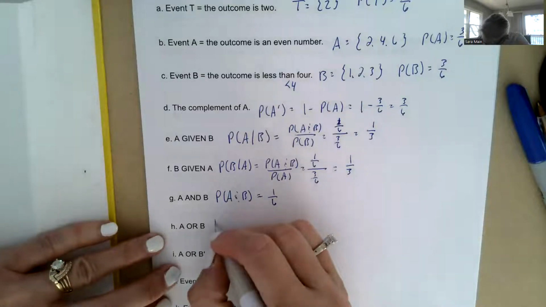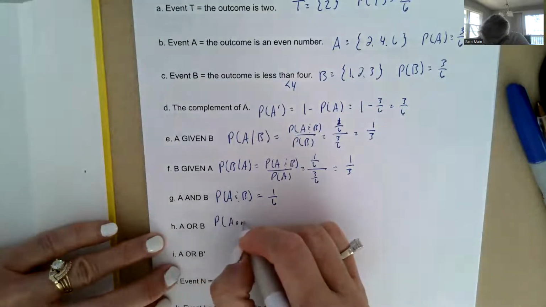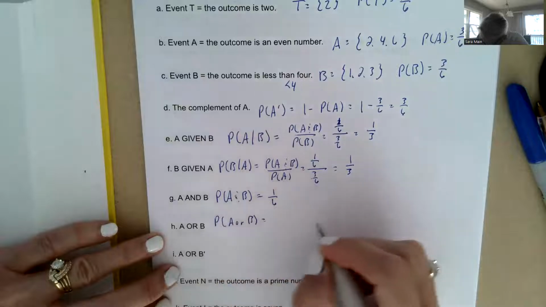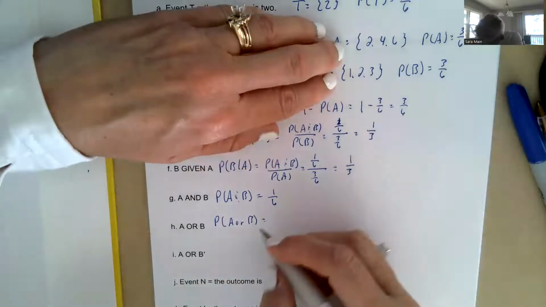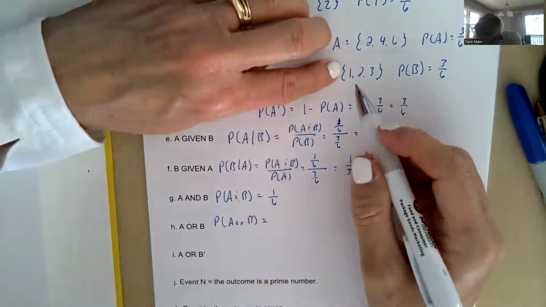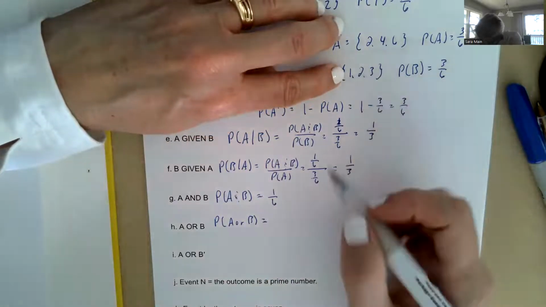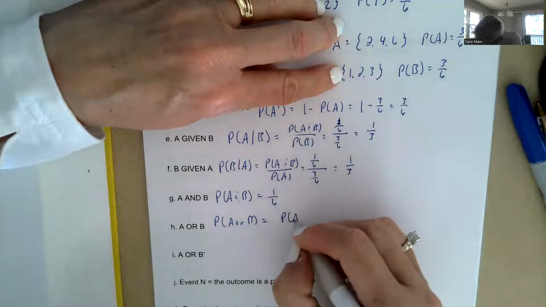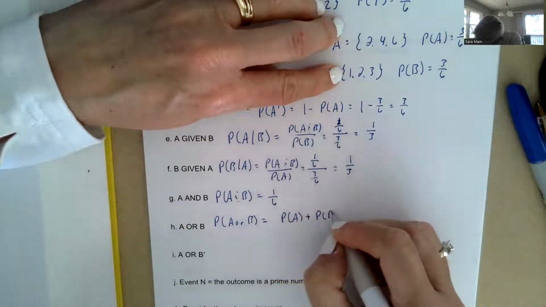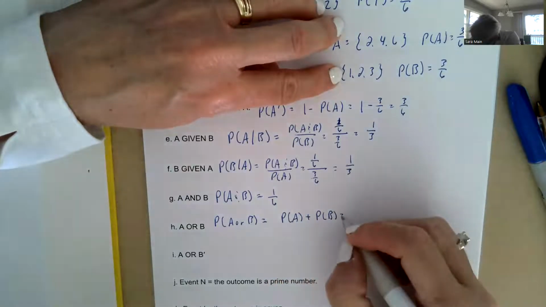And the probability of A or B is anything that's in A or B. So let's do the probability of A plus the probability of B, right?